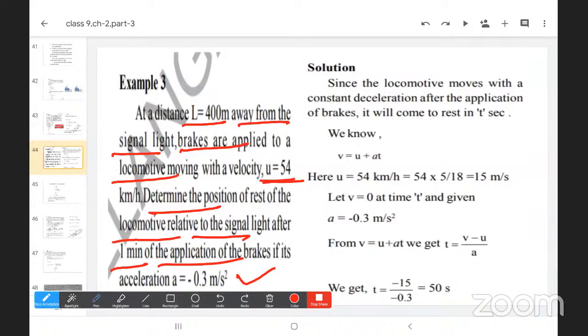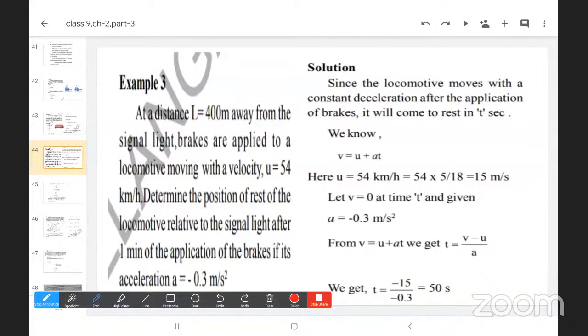Right? So look at the question carefully here. Distance given: at a distance of 400 meters away from the signal light, the locomotive is 400 meters away. So brakes are applied to the locomotive. The velocity of the locomotive is given, u equals 54 kilometer per hour.